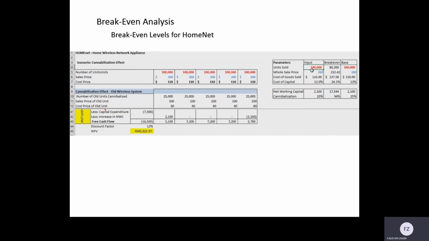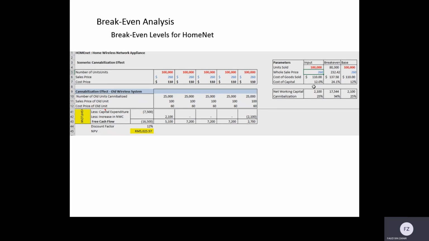We restore the 100,000 back, and change the wholesale price from 260 to 232.42. Presumably we are decreasing the sales price. Originally, the base case with all the numbers intact generates an NPV of around $5 million.